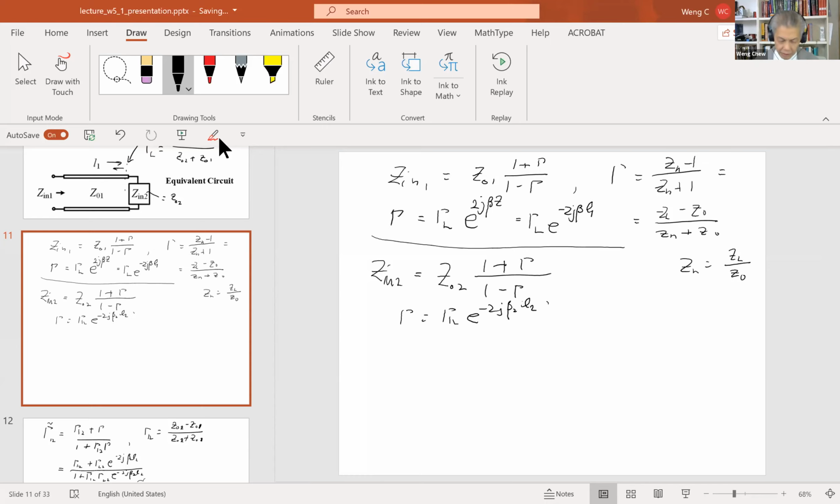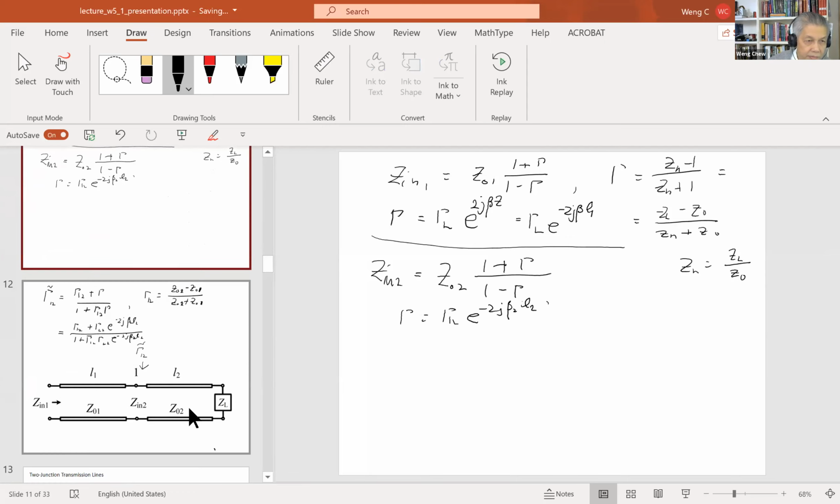That should be the gamma that we plug in here to find Z in 2, according to this formula, where this should be gamma L. Let me write it properly. If you plug it in and work this out, you will find that this becomes a rather complicated formula.